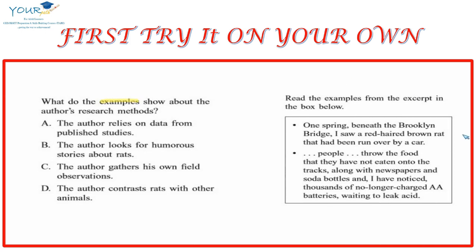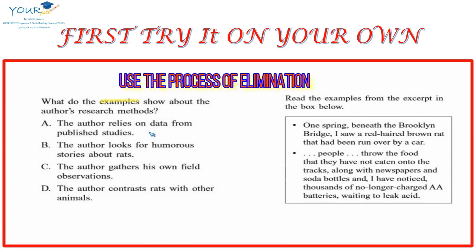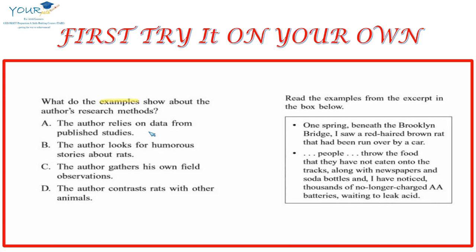The next thing that you want to do is reread your text as you go down each one of your options, utilizing the process of elimination. By utilizing the process of elimination, you get rid of any option that does not apply in terms of answering your question, and it also leaves you with fewer options to choose from.